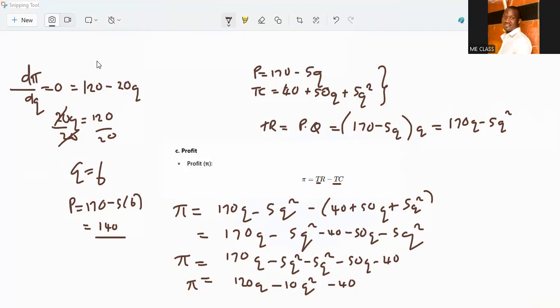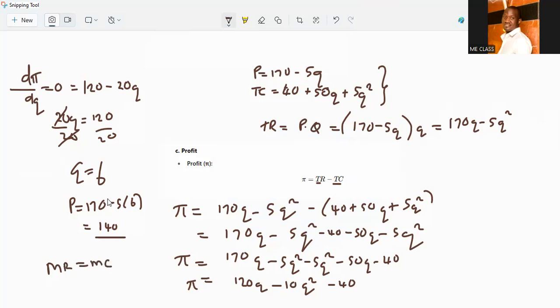All right, so now we go ahead and look at how to maximize profit when you are given two functions, the revenue function as well as the cost function. So alternatively, you could have just equated the marginal revenue to the marginal cost.